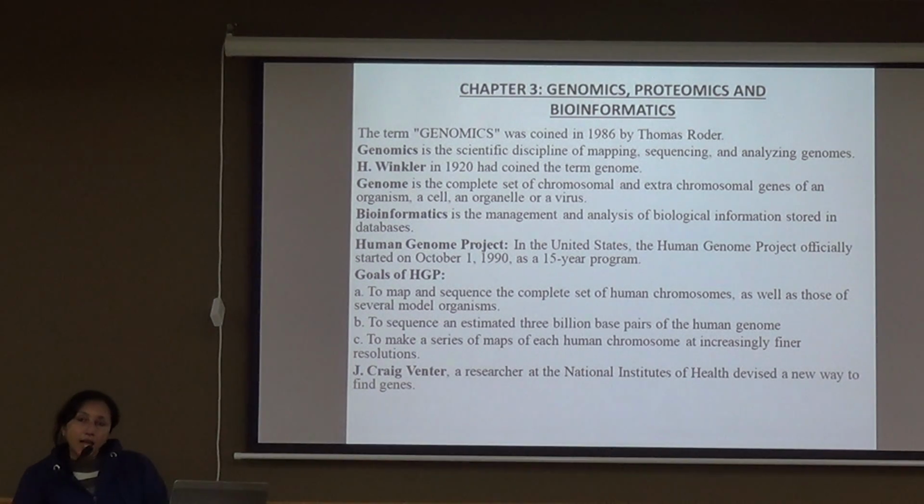Sequencing means, as you know, a particular chromosome is a stretch of DNA, or DNA consists of a chromosomal stretch. So when we see that stretch, it is composed of nucleotides. In case of DNA, the 4 nucleotides A, T, G, C join together to form a chain which is DNA.